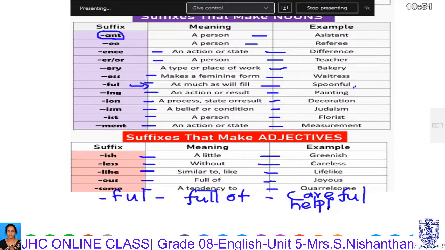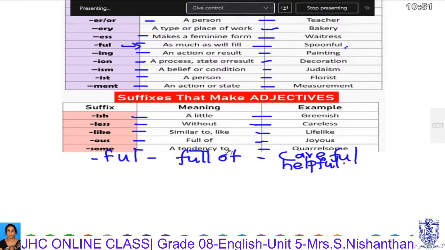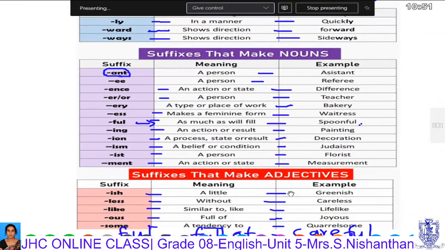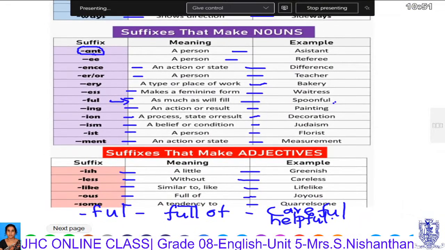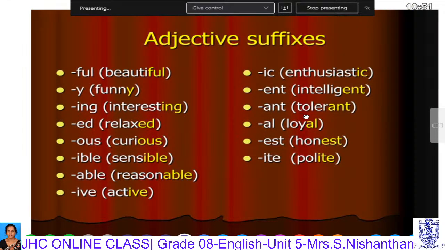These are adjectives. Right? This is an adjective, it comes up to FUL, right? Some suffixes that make adjectives. Nouns and adverbs are given here. Right. Yes, ma'am. Adjective suffixes.